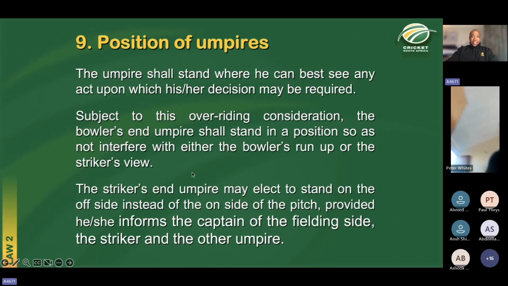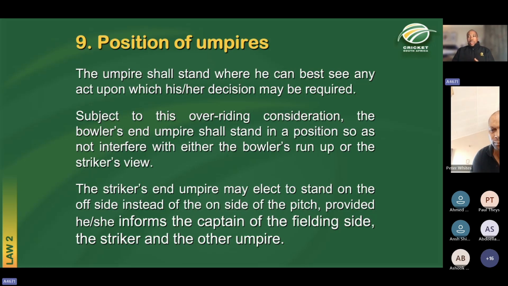What we need to know for the level 3 course is that the bowler's end umpire shall stand in a position so as not to interfere with either the bowler's run-up or the striker's view. The striker's end umpire might need to stand on the offside instead of the onside of the pitch.